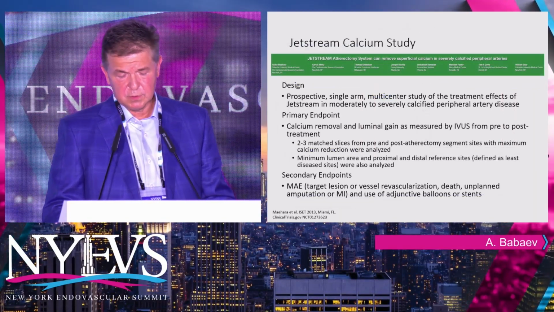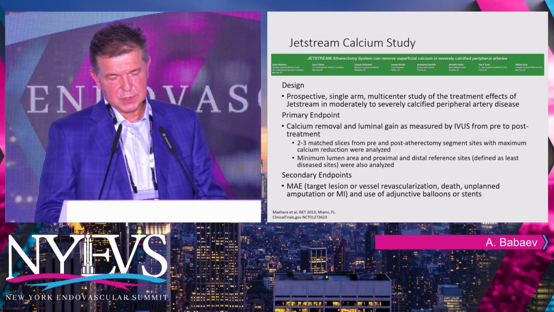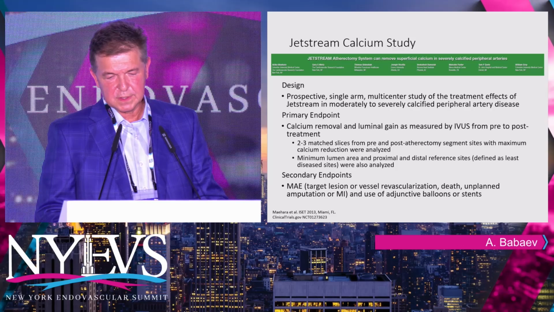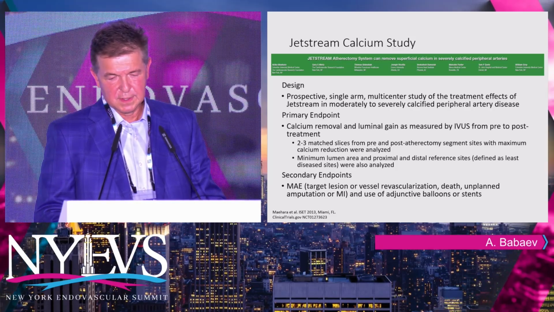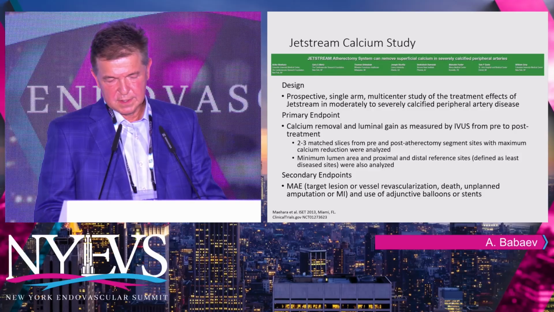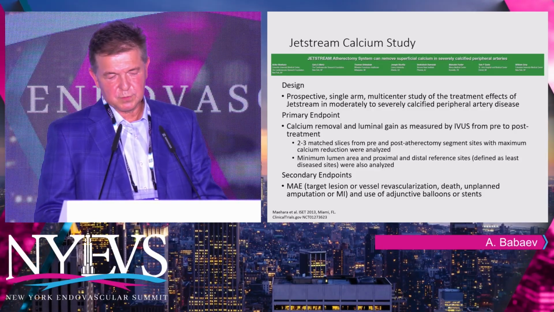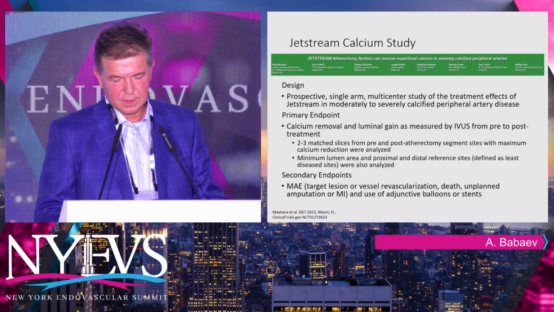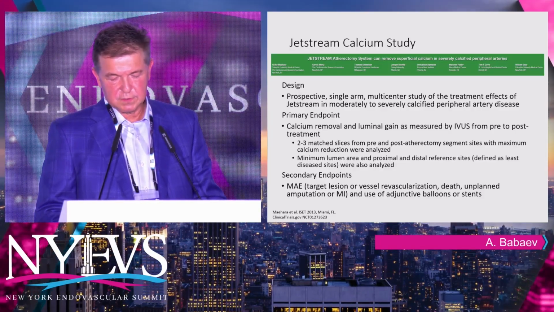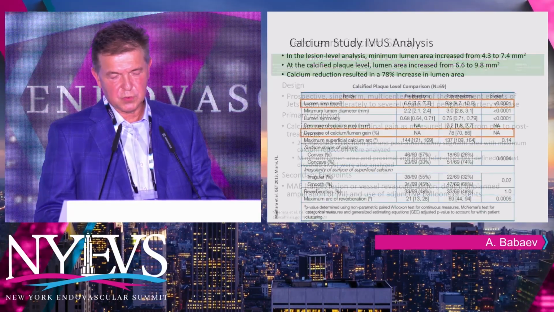What about JetStream? What's the data out there? This is by Akiko Mihara, a prospective single-arm multi-center study of the treatment effects of JetStream in moderately to severely calcified peripheral artery disease. They looked at calcium removal and luminal gain as measured by IVUS pre and post-treatment, looking also at the use of bailout balloons or stents as the secondary endpoints.